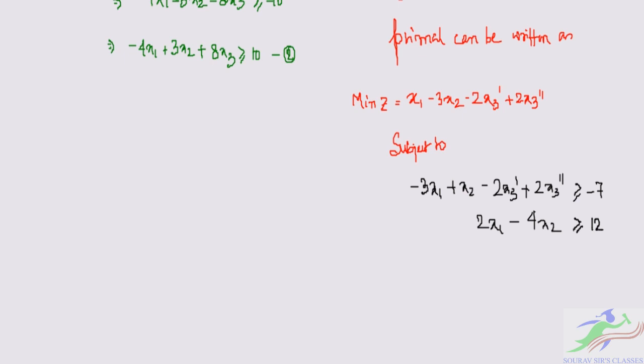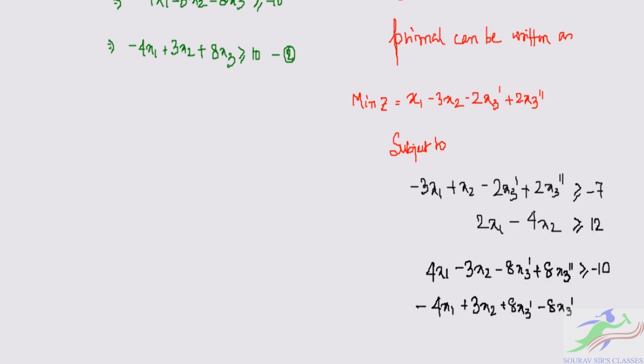And the next equation will be 4x1 minus 3x2 minus 8x3 prime plus 8x3 double prime greater than or equal to minus 10. From here we get minus 4x1 plus 3x2 plus 8x3 prime minus 8x3 double prime greater than or equal to 10.